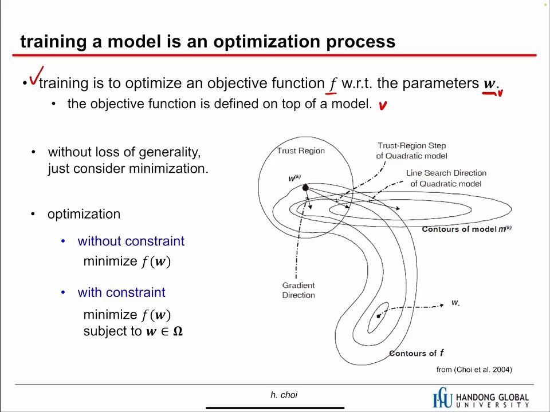Sometimes we don't have a constraint, so we have one single objective function, and we're going to minimize this function without any constraint. But many times we will have some constraint like this. So we want to minimize this function within some area, or w should have some specific characteristics. For example, something like the norm should be 1 or less than 1.